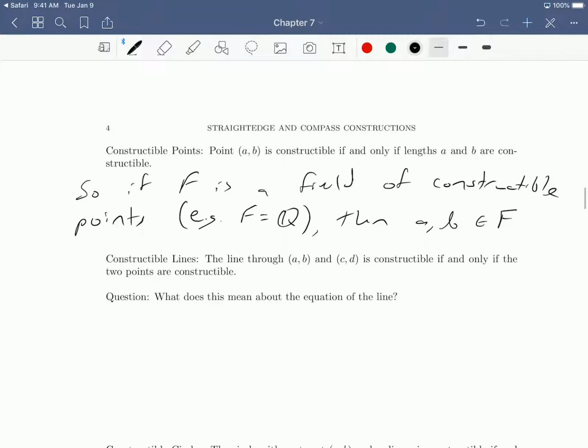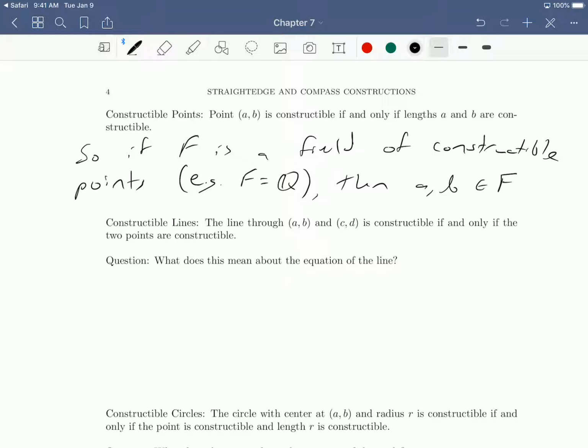What are the things that are in F and what are not? The first question is, when we draw a line through two points, what does that mean about the line? We call a line constructible if the two points it's drawn through are constructible. So if (a, b) and (c, d) are constructible, that means the variables a, b, c, and d are all in F.